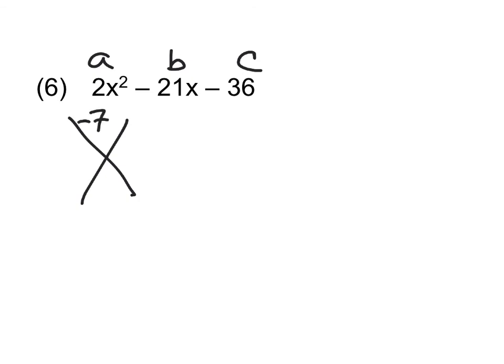Yeah, negative 72. And on the bottom, I put the negative 21. All right, so my y equals, instead of the 4, I'm putting negative 72 divided by x. Go into my table, and I'm just on the lookout for a negative 21, and I get that with a 3 and negative 24.